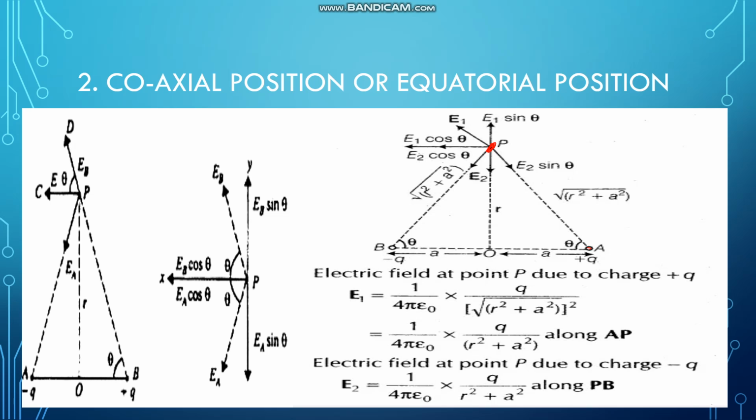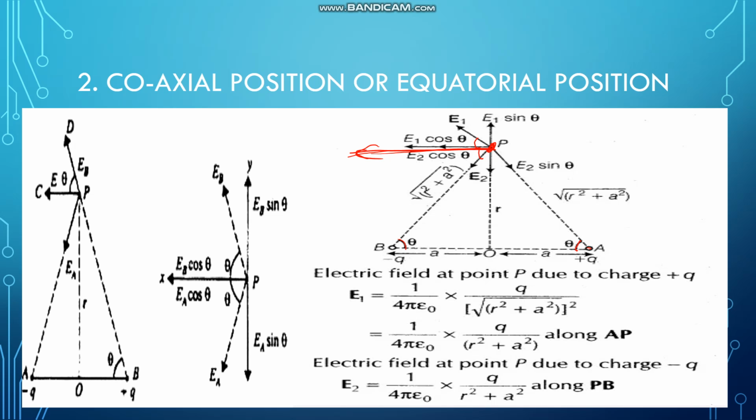If we take this angle as theta, then by geometry we will get this angle also theta. By resolving, on the x-axis line we will get E1 cos theta and E2 cos theta. As you can see, both are in the same direction, so for the resultant electric field intensity we have to add E1 cos theta and E2 cos theta.